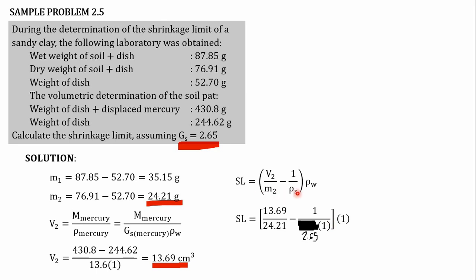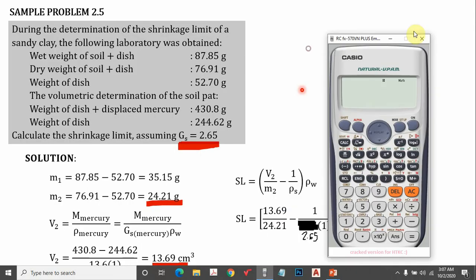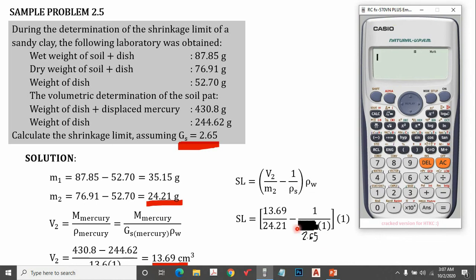Let me check on the calculator whether the error is in the answer. 13.69 divided by 24.21 minus 1 over 2.65, that is equal to 0.1881.